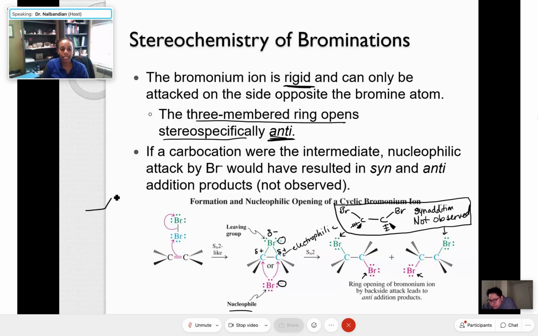If we had this as our intermediate, remember this intermediate that I showed you before, just one slide ago, then that would allow for the bromide to attack from the top or the bottom of this carbocation, right? Top face or bottom face. And so we would get some syn and some anti-products formed.